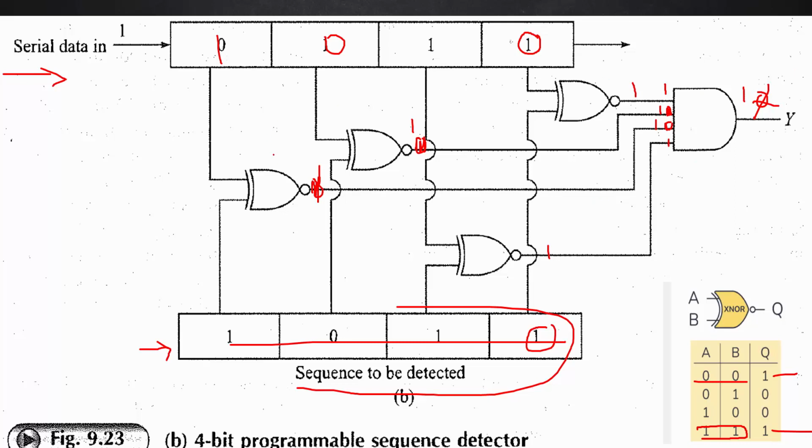That means all the XNORs generated 1 as output, which means bitwise matching is possible at all the bit positions. So we can conclude that the pattern is available in this input data. Okay, so this is the case of the sequence detector circuit.